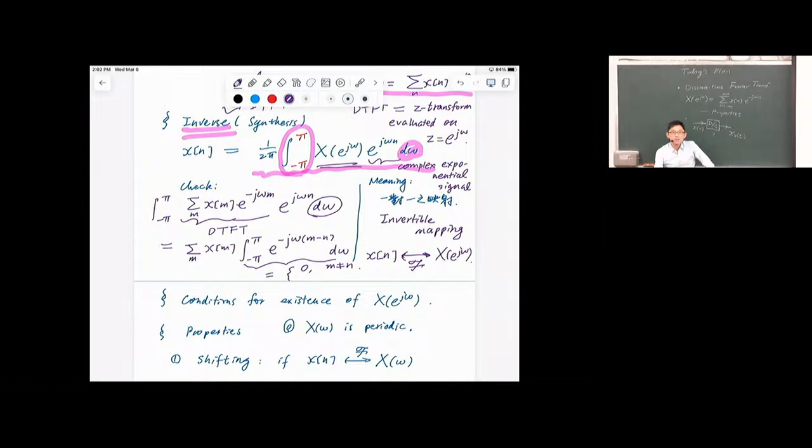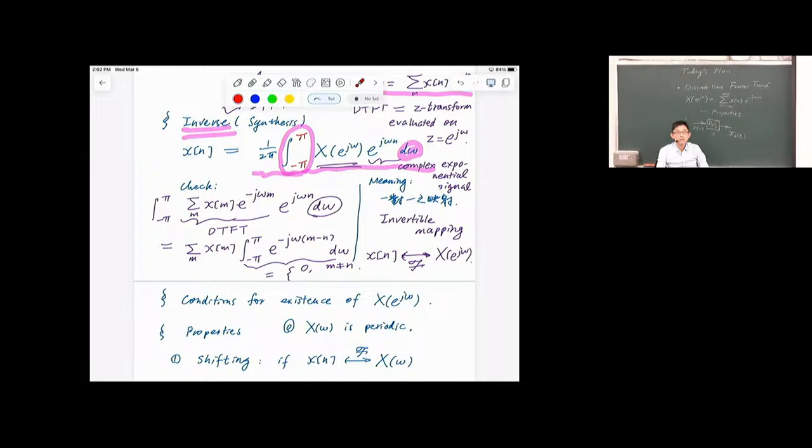When they are not equal, then this integral turns out to be 0. Why? Because e to the j something is cosine plus j sine. It's periodic, so the positive part and the negative part cancel. So this integral is 0 whenever m is not equal to n.